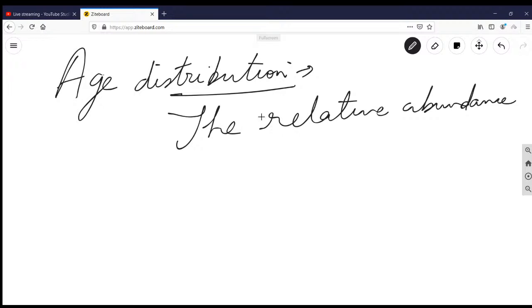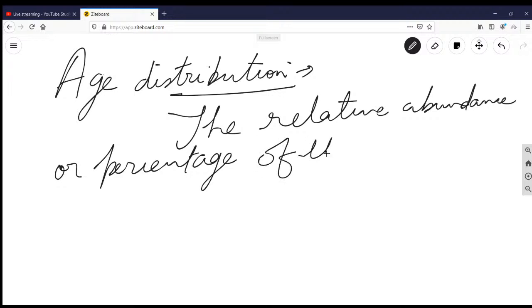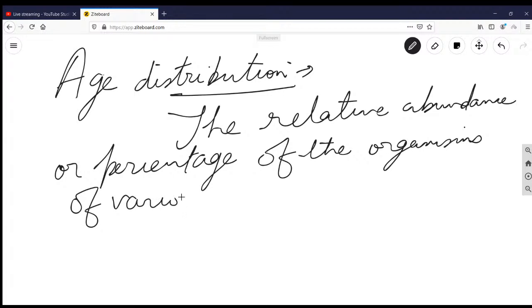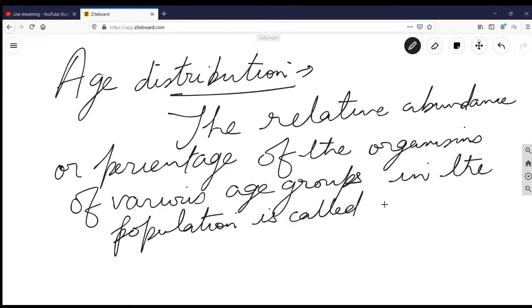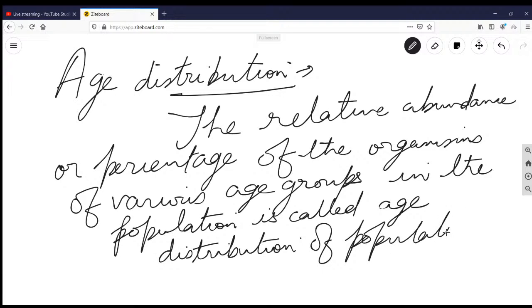The relative abundance or percentage of the organisms of various age groups in the population is called age distribution of population. A pretty easy term.